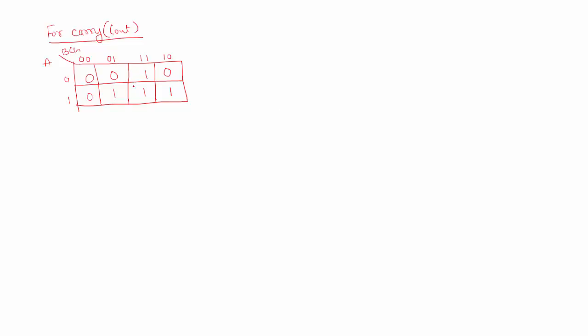I can group these ones as pair. So C out will be AB or B C in or A C in.